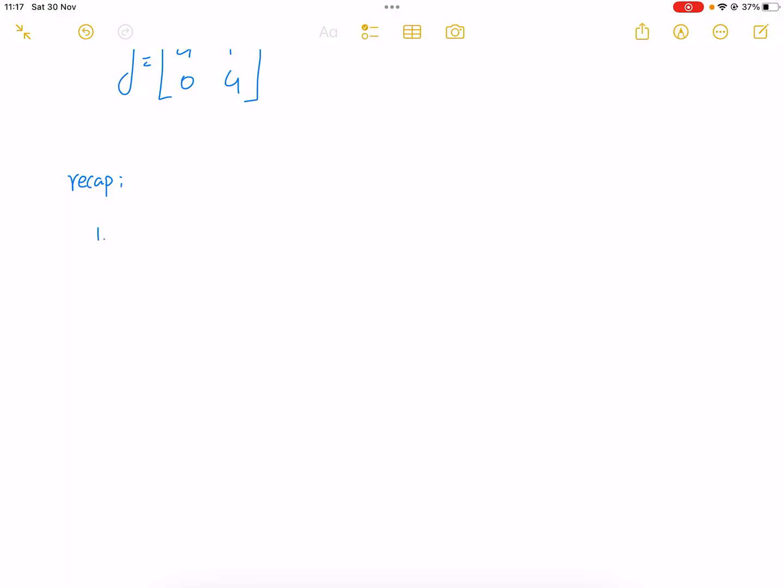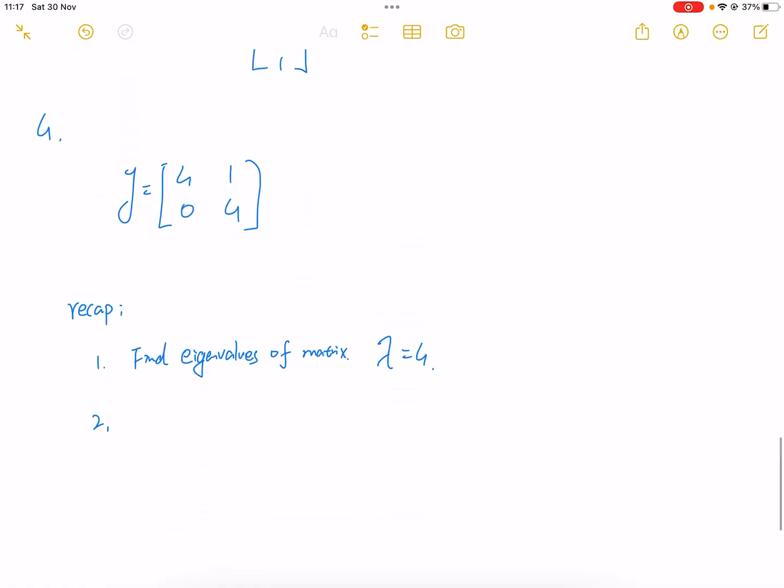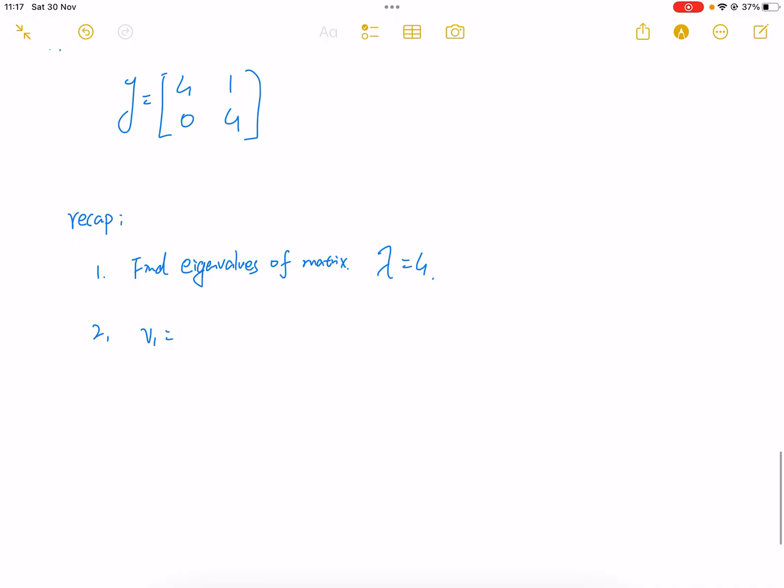First, we found the eigenvalue of the matrix, which is lambda equals 4. Second, we found the eigenvector and generalized eigenvector.